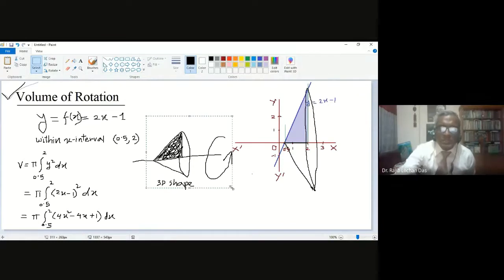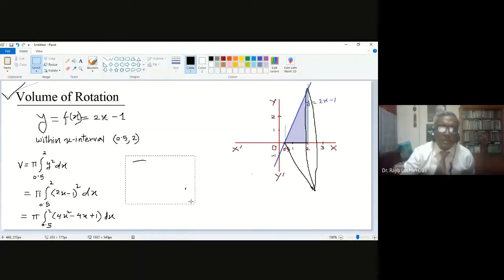Let me just erase this part and then do the calculation next line. So in the next line, you will write the 1 by 1 integration. So I'm not separating this thing, I'm doing it directly.